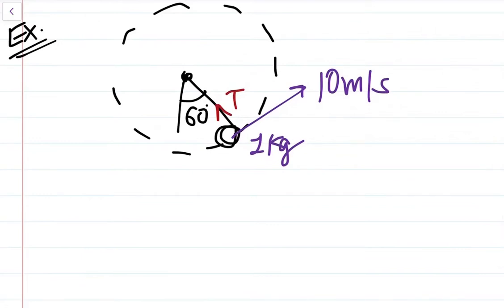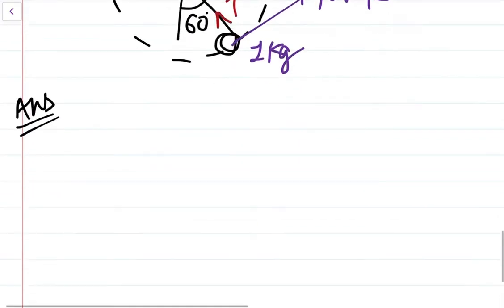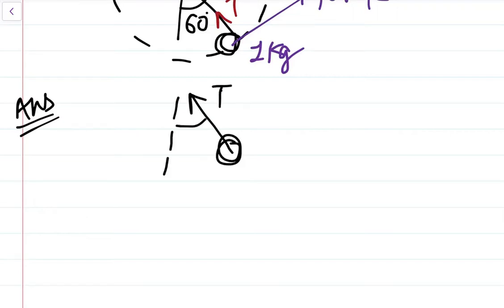We'll just have to draw the FBD of the particle, that is the free body diagram. So let's draw, and this is the bob. It experiences a tension in this direction. This angle is 60 degrees, and obviously it experiences a downward force mg, and its speed is v.